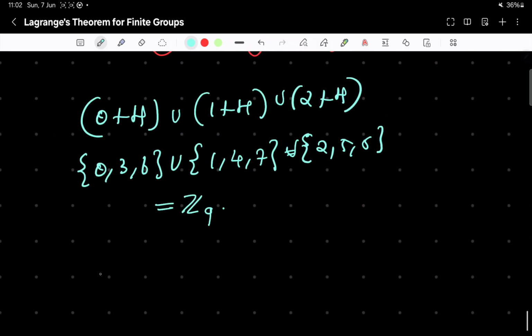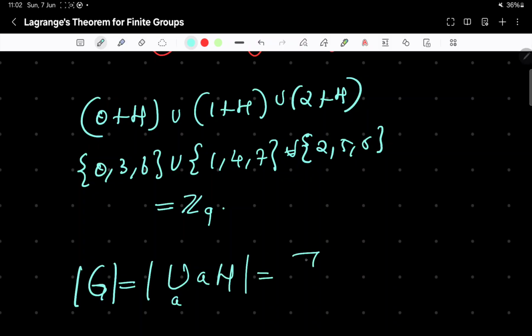Moreover, the cardinality of G is equal to, by the principle of inclusion exclusion, the union of the cosets aH, which is the summation of the cardinality of aH, where a is a distinct representative of cosets.